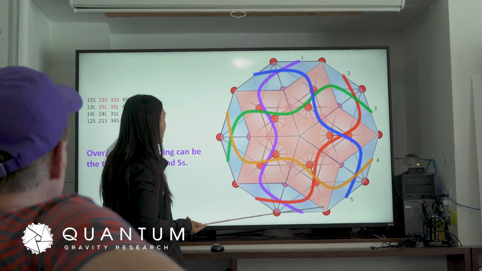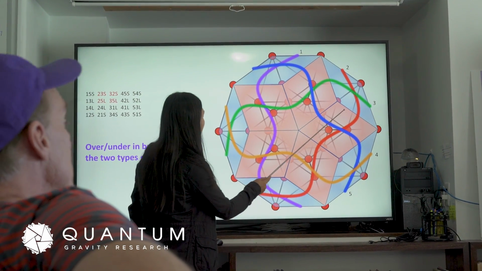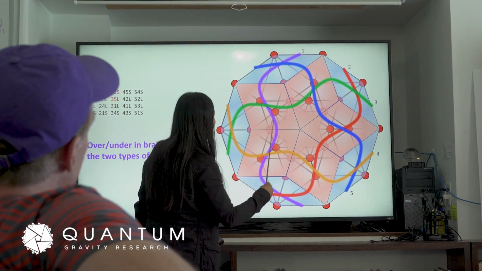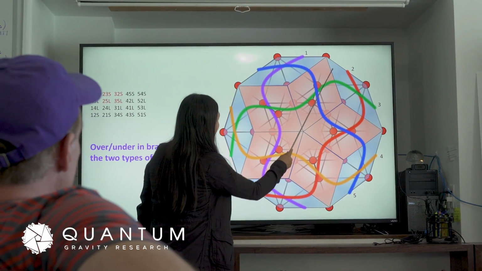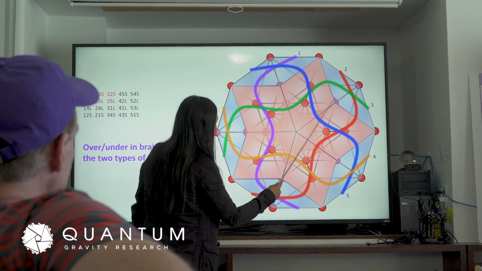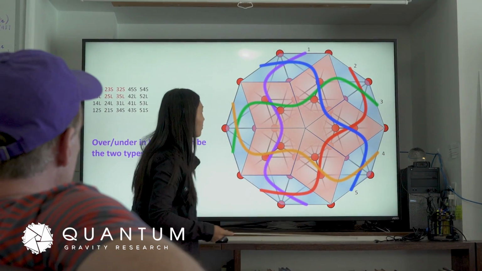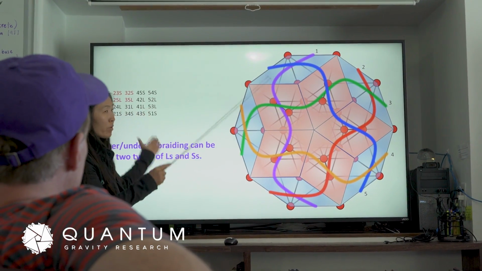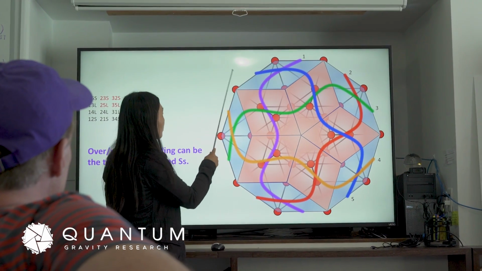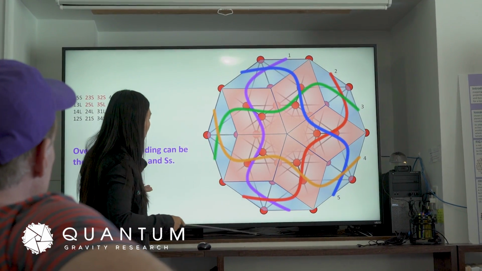Okay, so then I also number them. This purple would be number 1, and then this is number 2, number 3, number 4, the yellow, and then the blue is number 5. So in this very small set, we only see one ribbon for each ribbon direction.